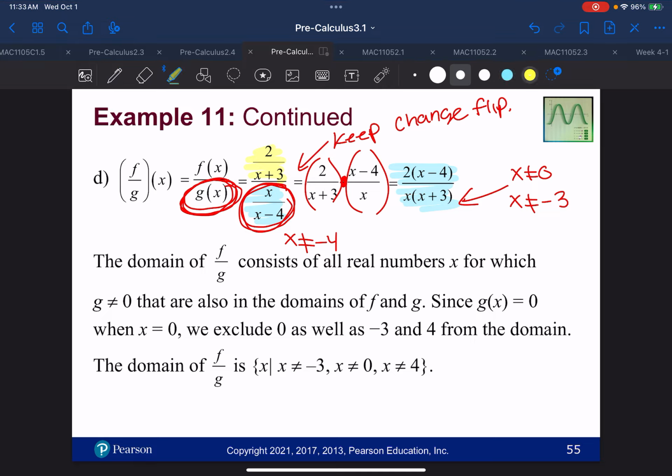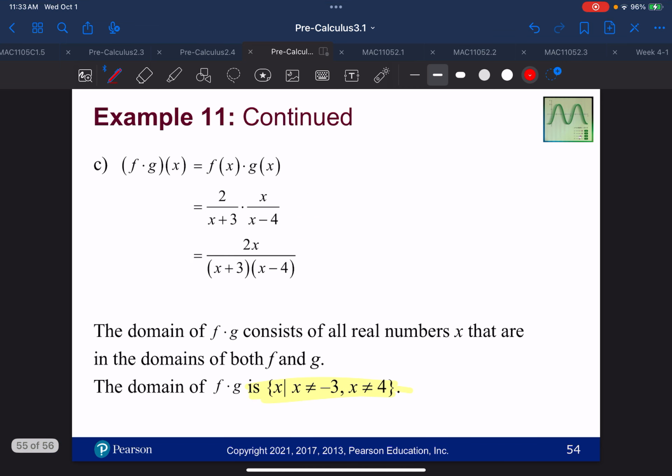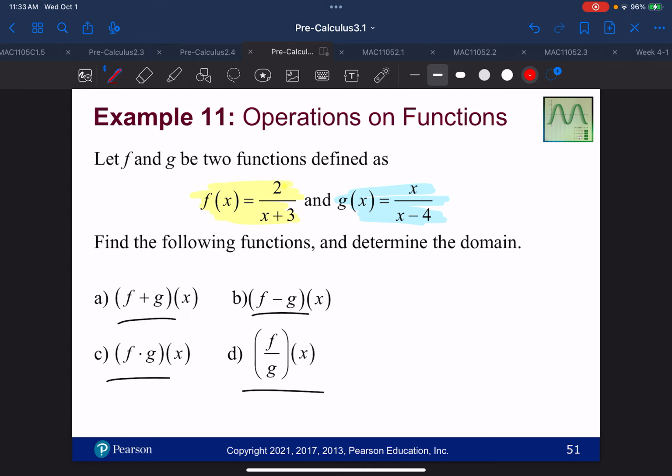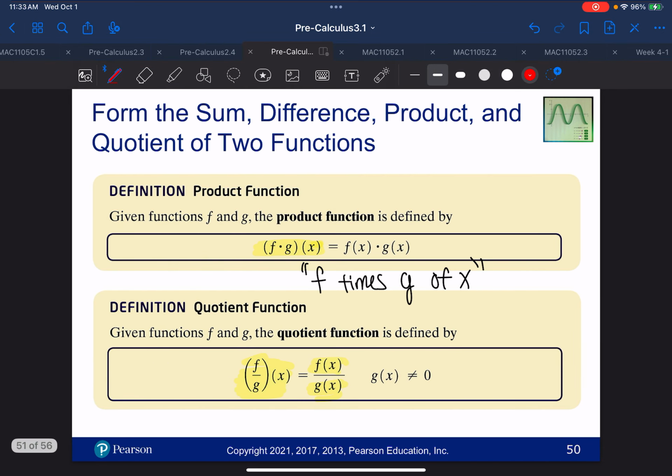So the domain of these functions, when you do these algebra of functions, is always going to be the intersection of the domain of the original functions and then whatever else needs to be added for the final function. So because the original function g of x has a domain of x can't equal 4, that will always be included in our domains for our final answer.